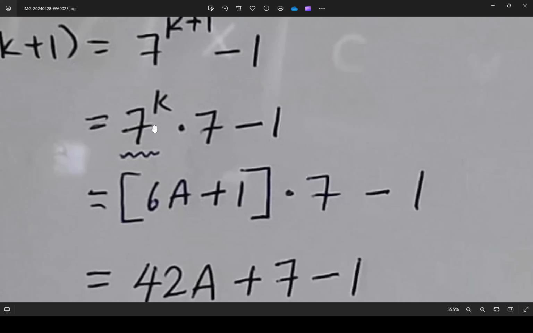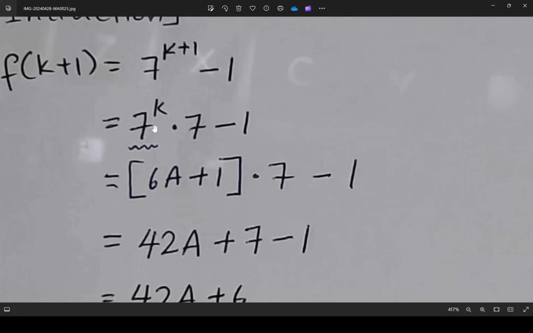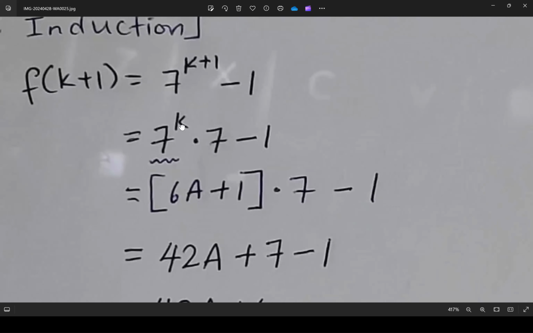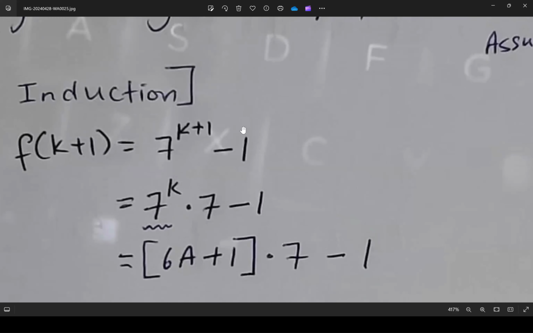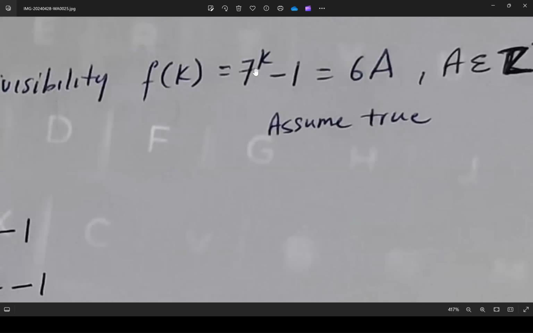Now, whenever you have a divisibility mathematical induction question, and you require yourself to have indices, you're going to replace the index with what you had for your assumption. So remember we said that 7^k minus 1 is equal to 6a. We said, yes, that is true. Believe.